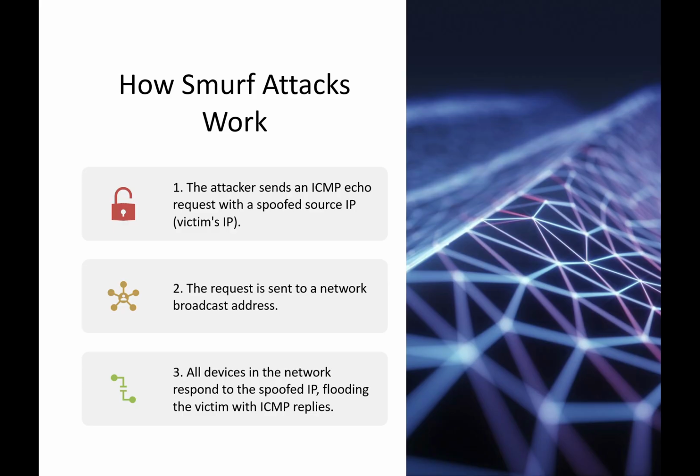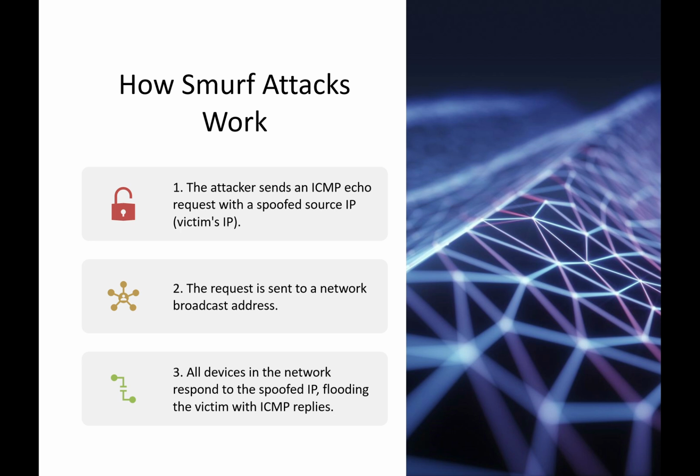Moving forward, how a Smurf attack works. First, the attacker sends an ICMP echo request packet to the broadcast address of a network. A broadcast address sends the request to all devices within the network. The attacker spoofs the source IP address of this packet to match the victim's IP.